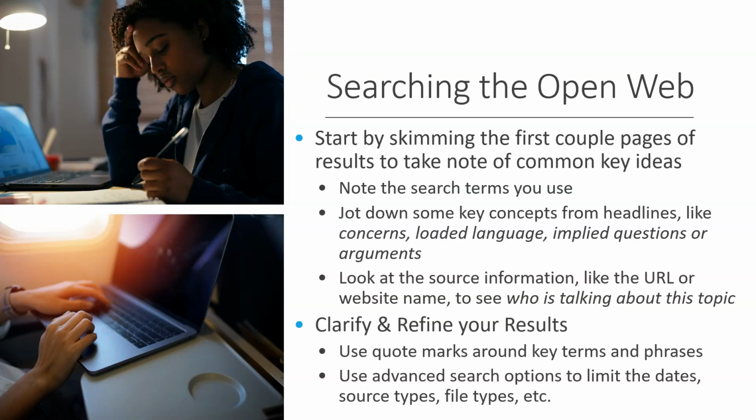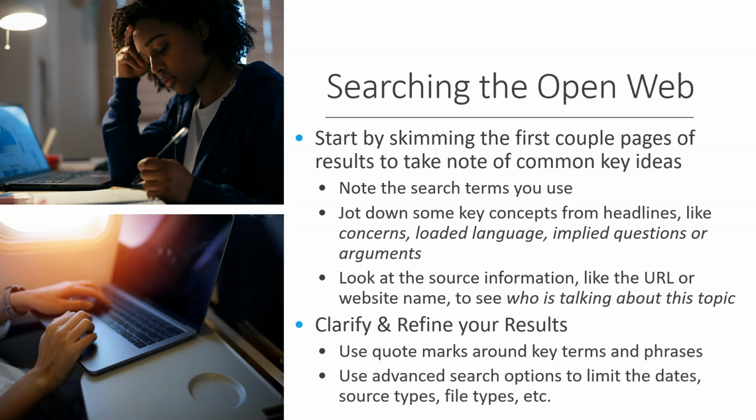So next, searching on the open internet. Everyone knows how to do this already, so I'm not going to spend a lot of time, but I will advise a couple of strategies. First, search your search terms and skim through the first couple of pages. Take notes. Note down what search terms you used, and as you scroll, don't click anything.